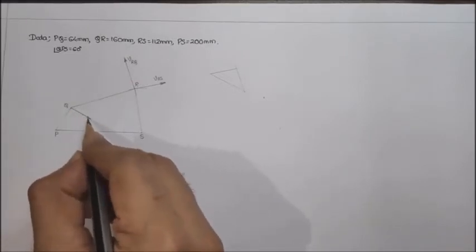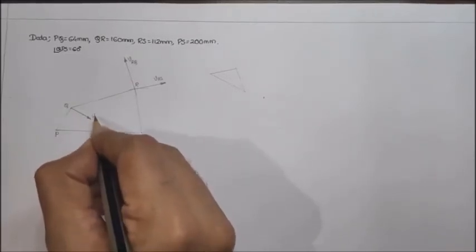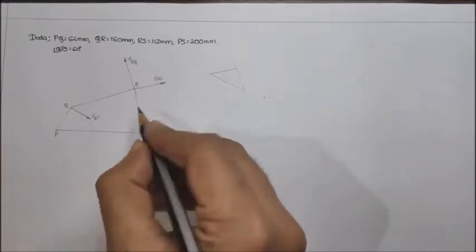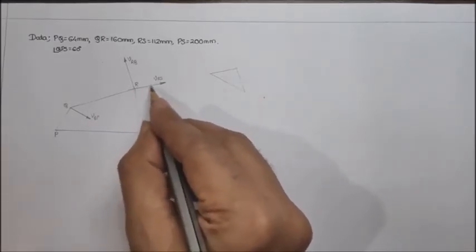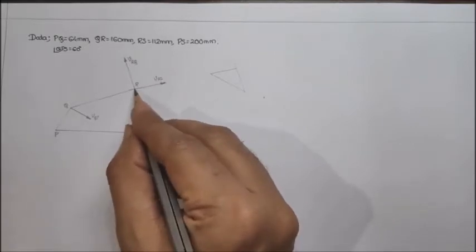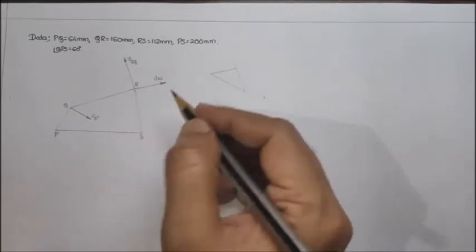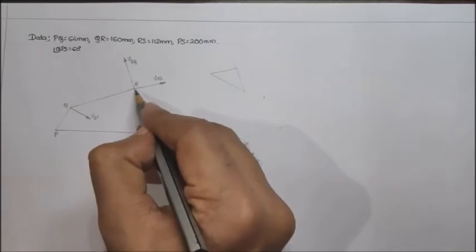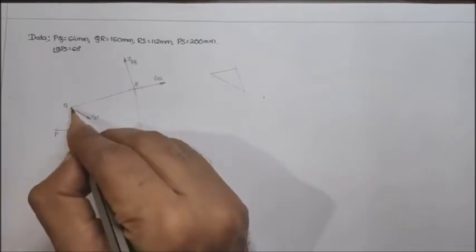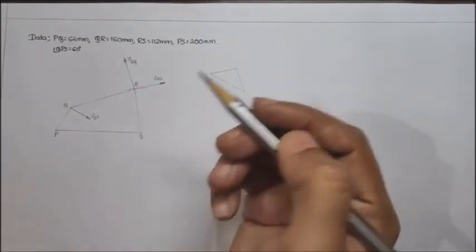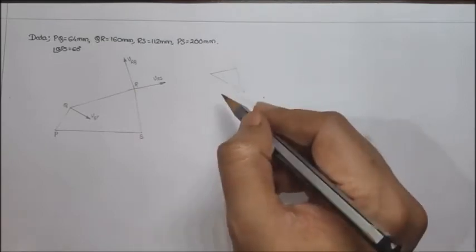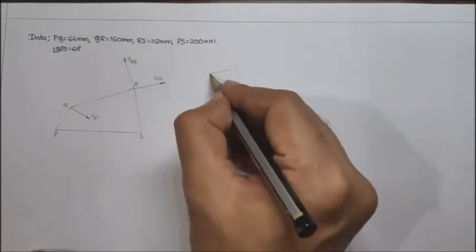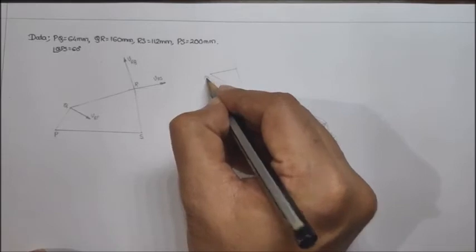So here we are having velocity of Q with respect to P, and we are having here the velocity of point R with respect to S, and we are having velocity of R with respect to Q in this direction. So from the velocity diagram we had it like this. A rough diagram we have drawn so that it will help us.